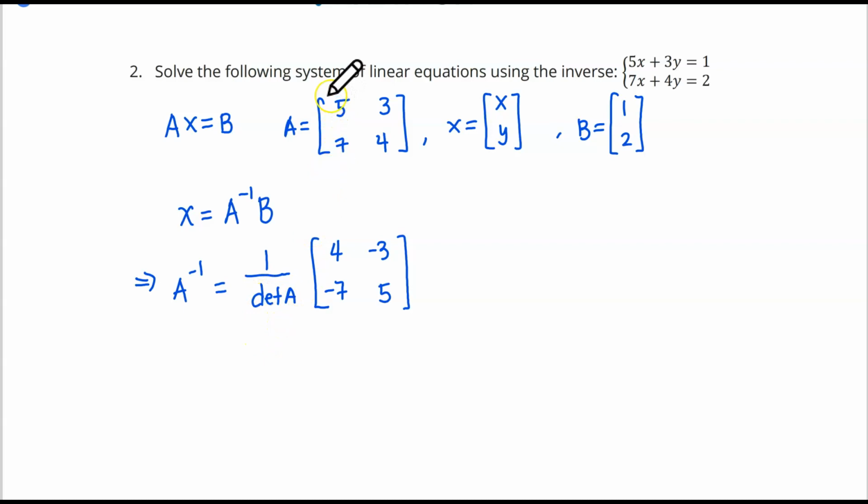Now, the determinant of A can be computed by multiplying the diagonal entries here minus the product of the diagonal entries here.